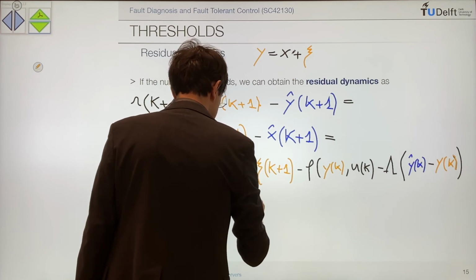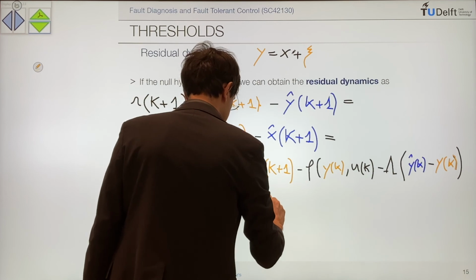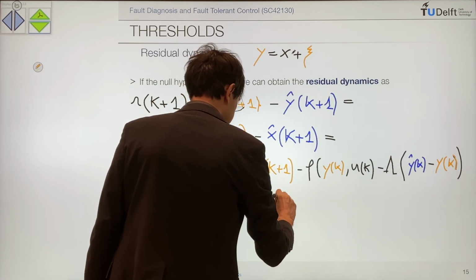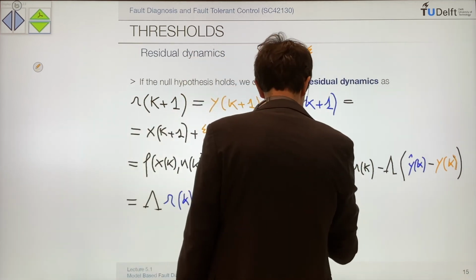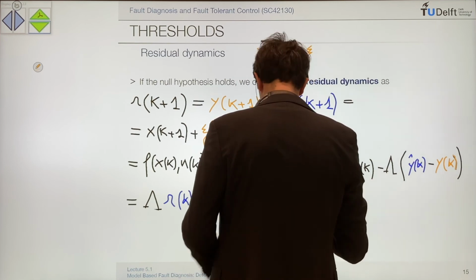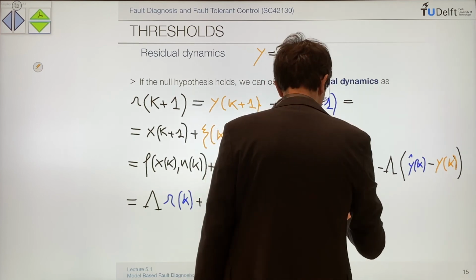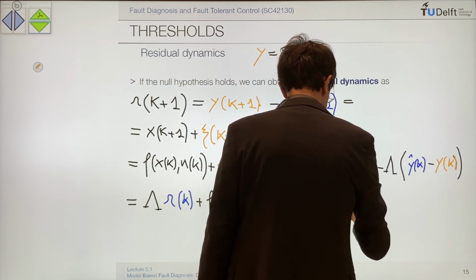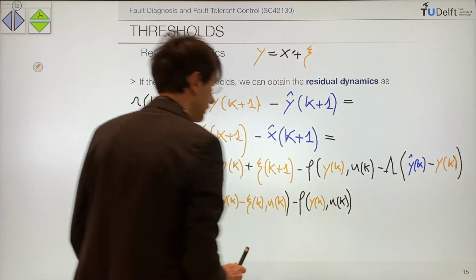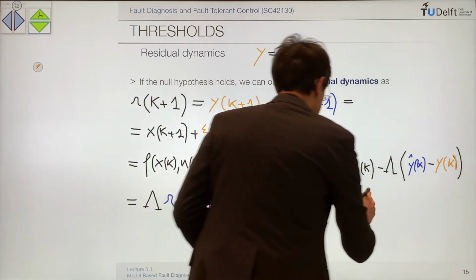Y of k minus psi of k, and then u of k, minus this stays the same. So f of y of k, u of k. And then what is left is these two uncertainties.